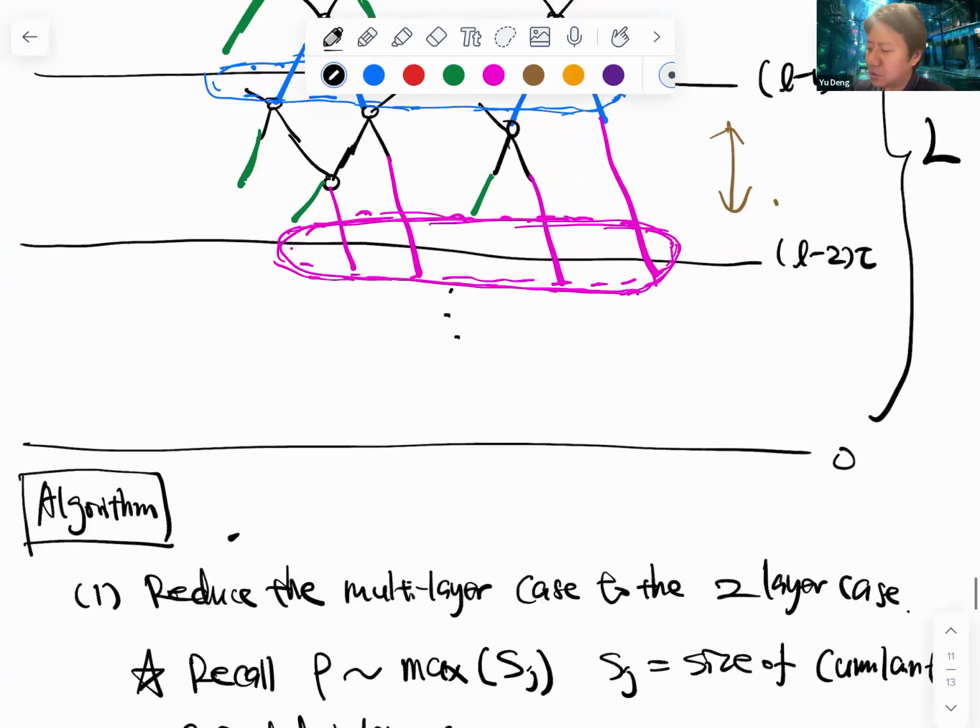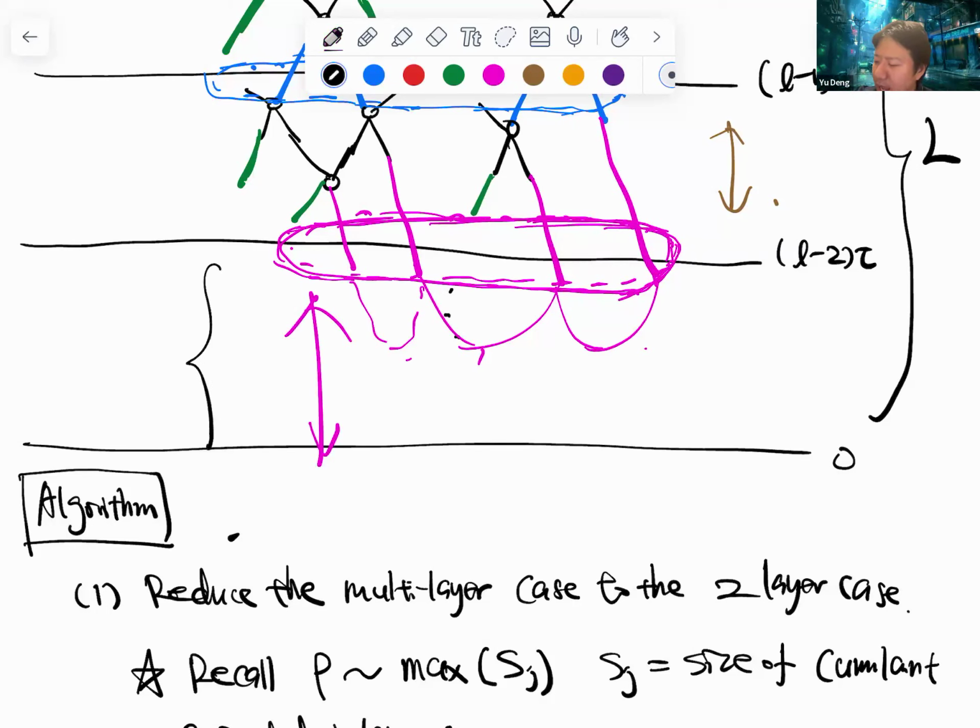Which means that, remember these pink particles, eventually they're all going to be connected across all these layers. But then we can find one single layer, since we have these finitely many L layers, where we have the most number of extra connections.